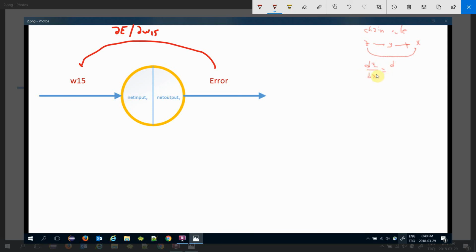This calculation can also be expressed as the derivative of z with respect to y times the derivative of y with respect to x. This is the chain rule, and we will apply it like that.